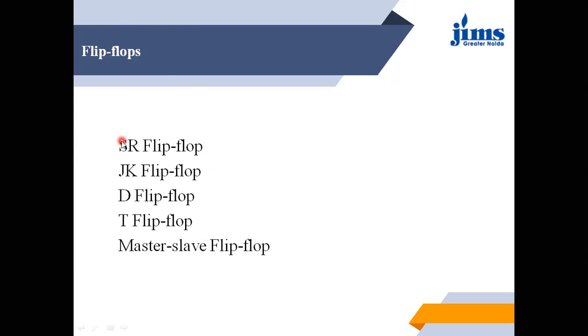First one is the SR flip-flop, second is the JK flip-flop, third is the D flip-flop, and fourth is the T flip-flop. While this is a master-slave flip-flop that can implement any of the flip-flops, this flip-flop contains 2 parts, so there are 2 flip-flops in this. We will see this also.